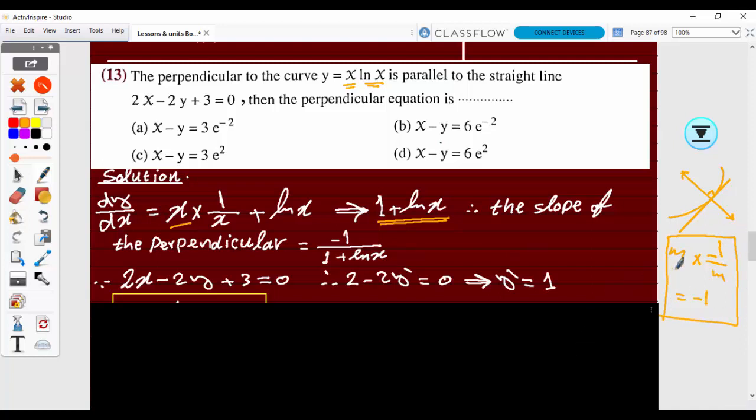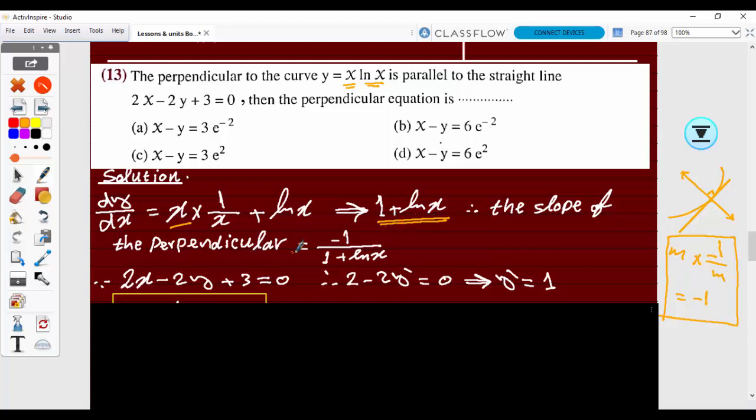If the slope of the tangent equals m, then the slope of the perpendicular at the point of tangency equals -1 over m. Here in this example, the slope of the tangent equals 1 plus ln x.